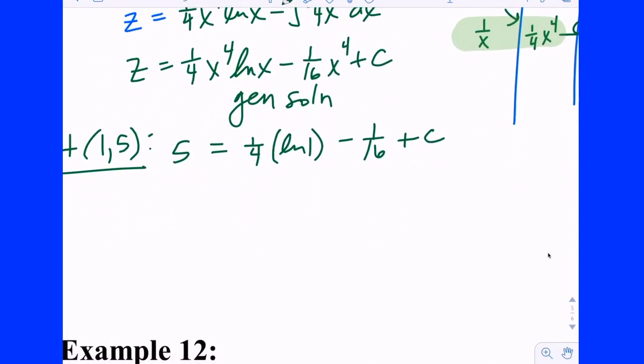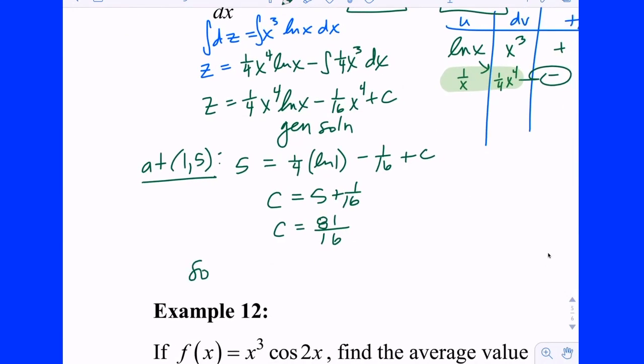What's the natural log of 1? 0. So we end up with 5 plus 1/16, which is the same as 81/16. So our particular solution is z equals 1/4 x to the 4th natural log of x minus 1/16 x to the 4th plus 81/16.